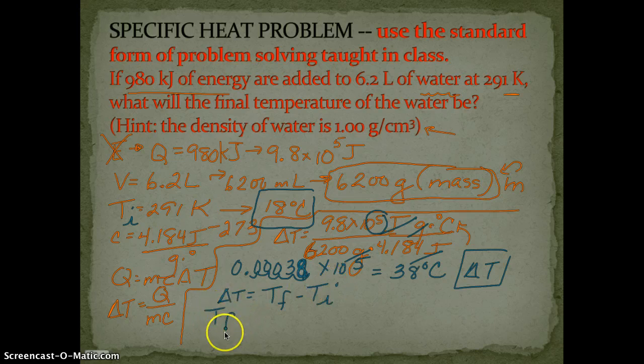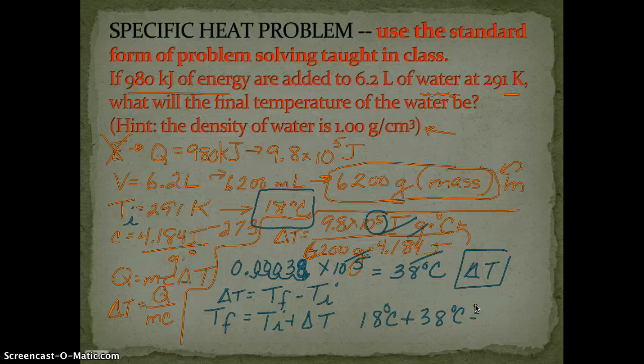Well, of course, TF is going to be equal to, and you can do this a variety of ways, but I'm just going to say TI plus delta T. So you're going to have 18 degrees Celsius plus 38 degrees Celsius equals 38 plus 18, 56, I hope, yes, 56 degrees Celsius is going to be your final temperature.